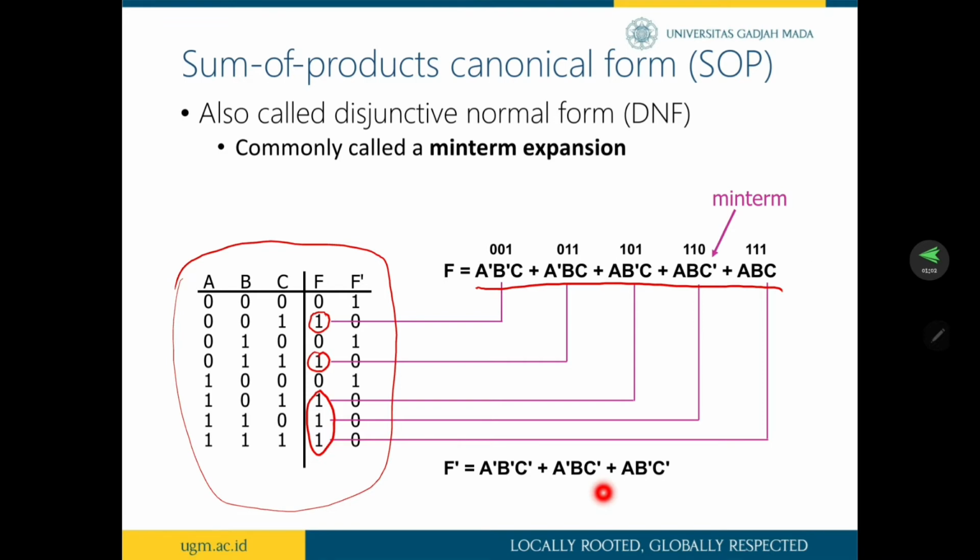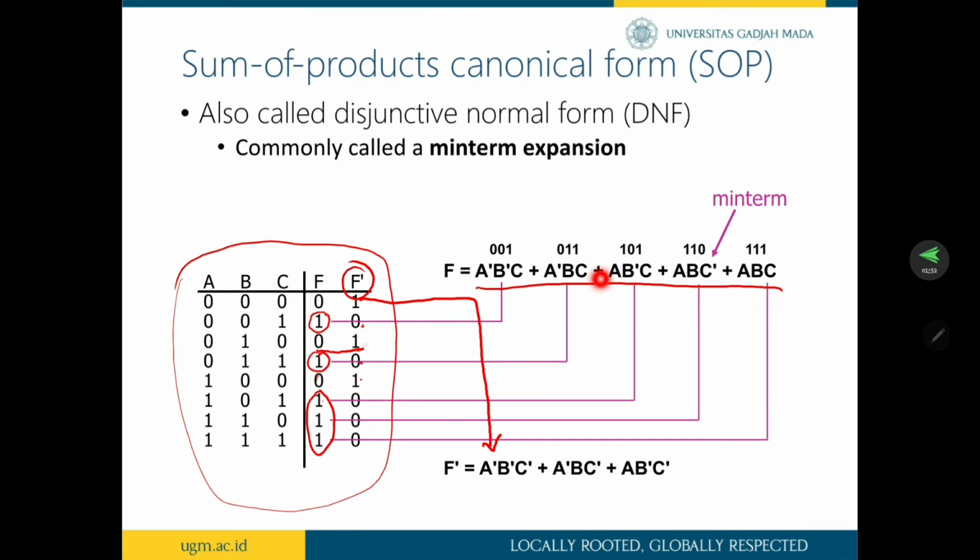And we can build F complement from the output F where it is 0, so the F' is 1 where F is 0, and 0 where F is 1. So F' in here we can write from the rows where the output of F' is 1.